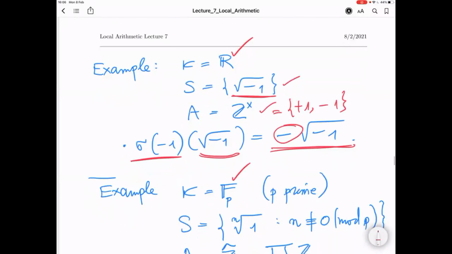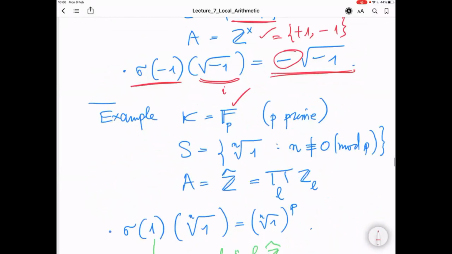That's how complex conjugation acts on this number, which is called I very often.